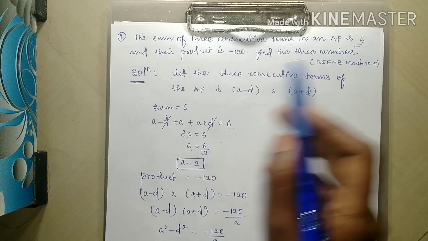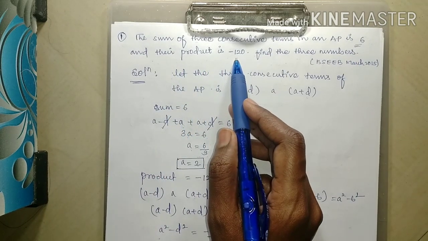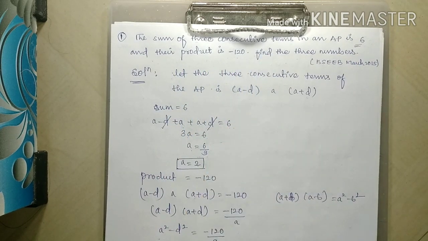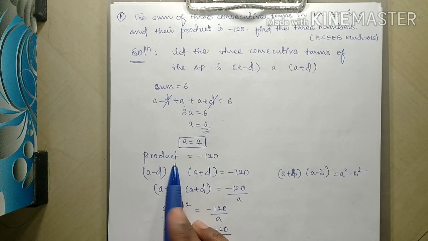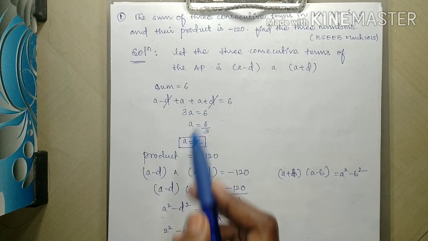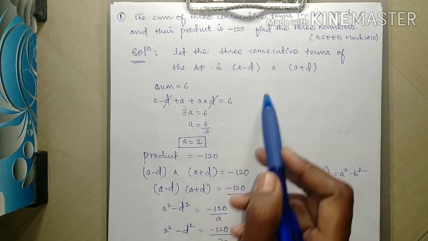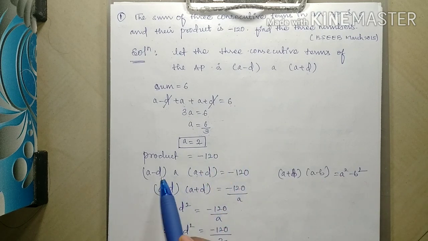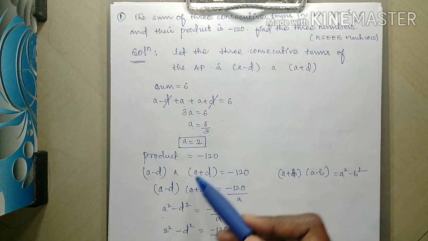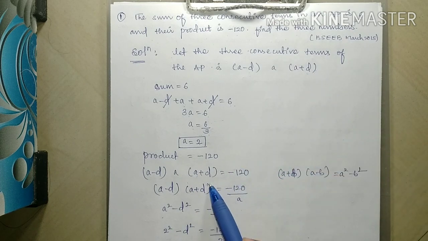In the next statement it is given that their product is minus 120. Here the same terms' product you have to take, that is a minus d into a plus d into a is equal to minus 120.